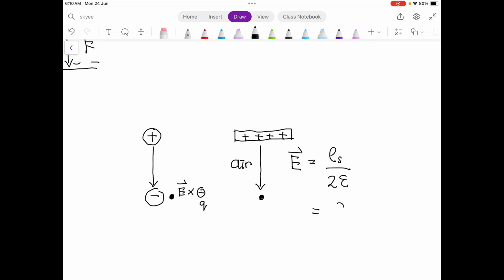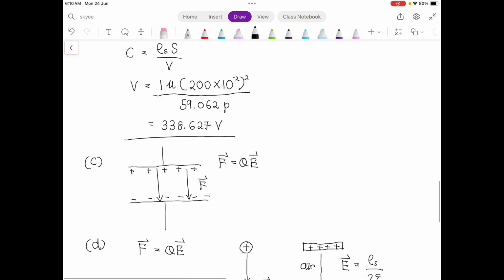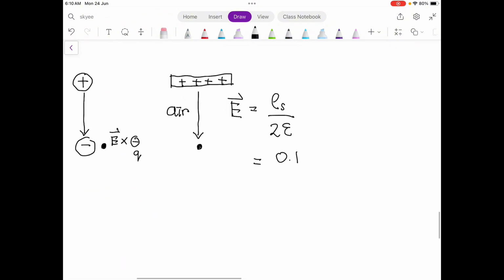The rho x is 1 micro. So 1 micro over 2 epsilon naught. So this is the electric field at this position. Now you multiply it with the Q of the negative charge.